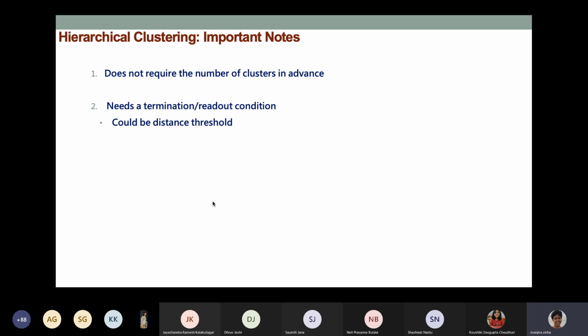And so there are some important points. Why do we do this? Because it does not require the number of clusters in advance. We do not need to know how many clusters we will have at the end.